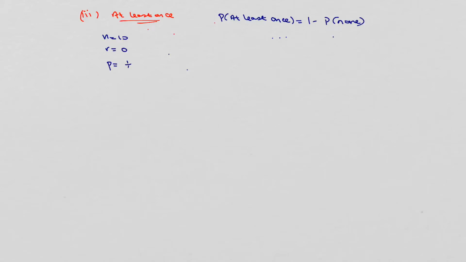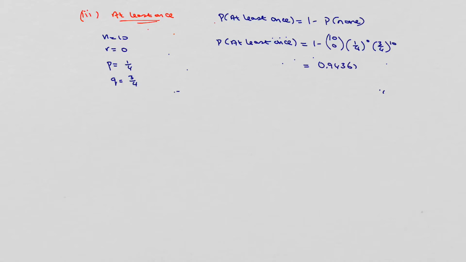P is a quarter and Q is 3/4. So the probability that he hits the target at least once is 1 minus none, which is 10 choose 0, then p to the power of r, q to the power of n minus r. That gives us 0.943686, so to the nearest percentage it's approximately 94%.